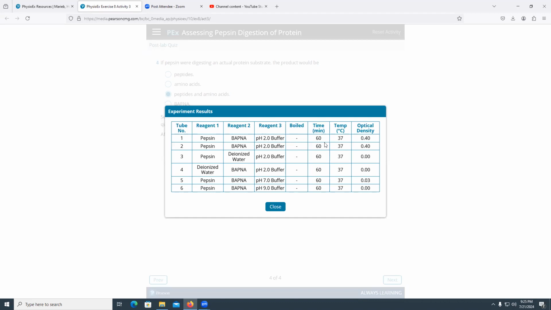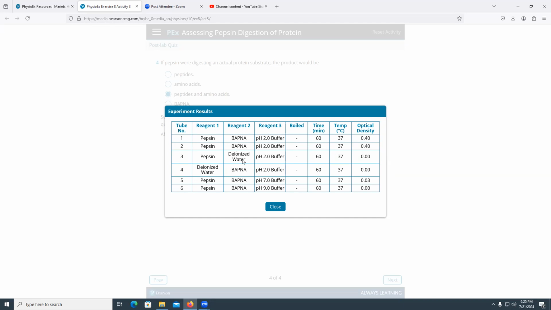So now let's look. We have not boiled them, but we should have. But the point is that in experiment 1, I have pepsin and BAPNA with the proper pH and a proper temperature. That shows me the proper activity, with really high optical density.